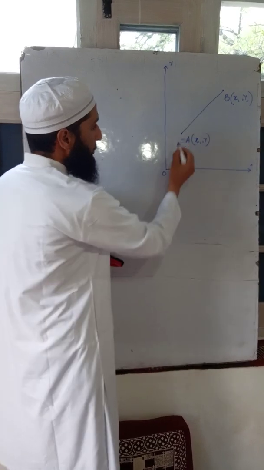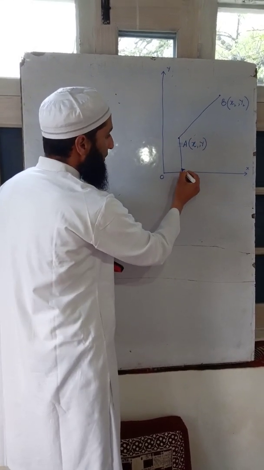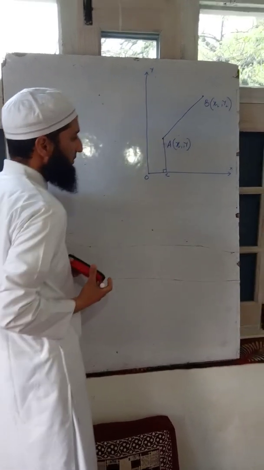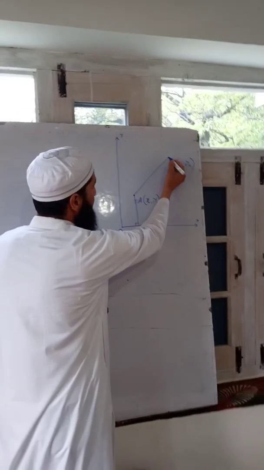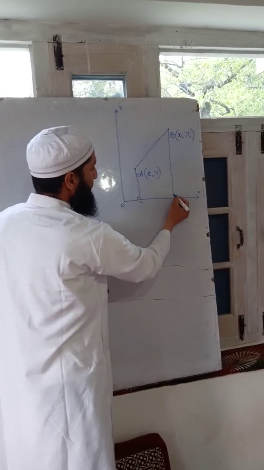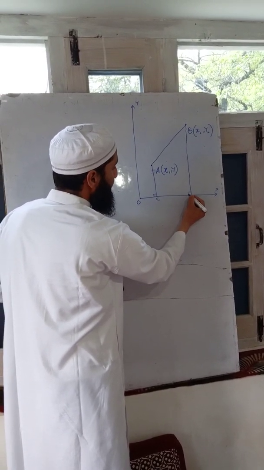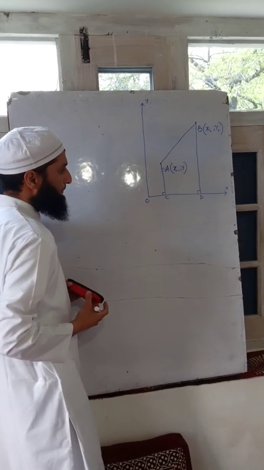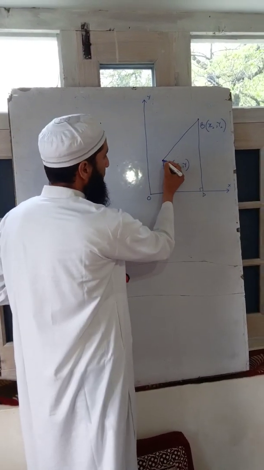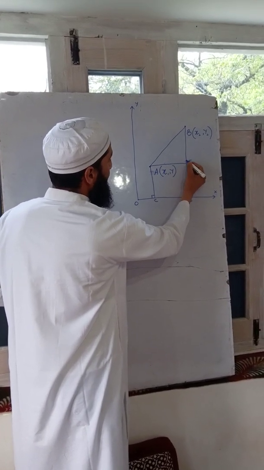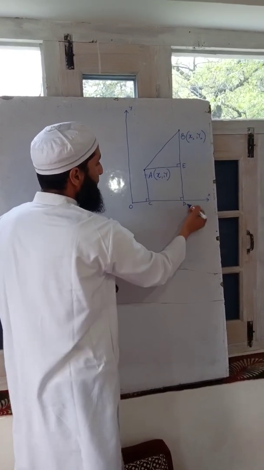Now draw AC perpendicular on x-axis and BD perpendicular on the same x-axis. Also draw AE perpendicular on BD.